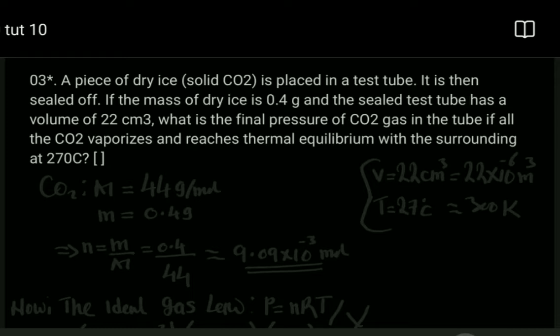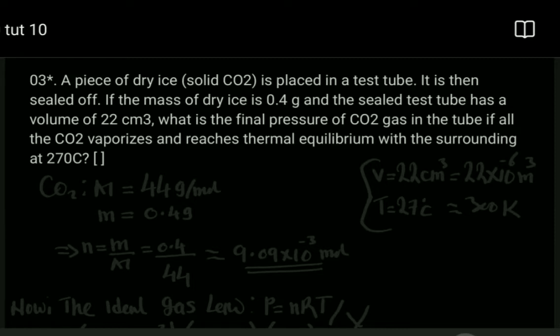All right, so this is a very simple case. Here we are simply going to apply the ideal gas law and obtain the pressure of this ice at that given temperature of 27 degrees Celsius.